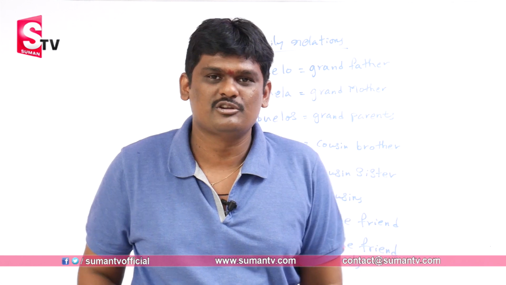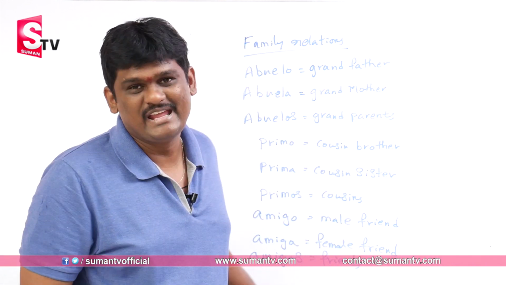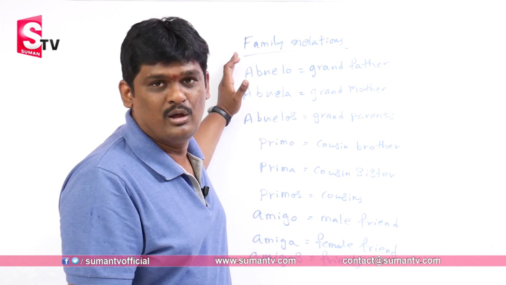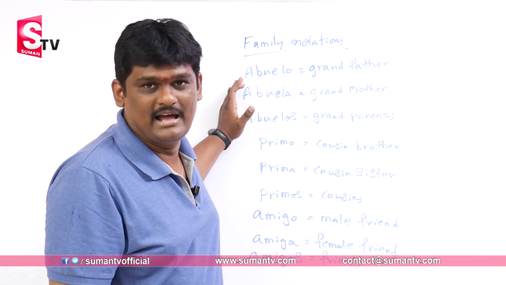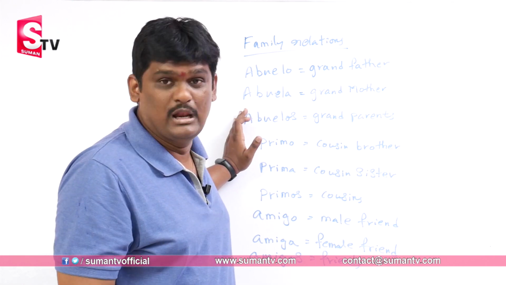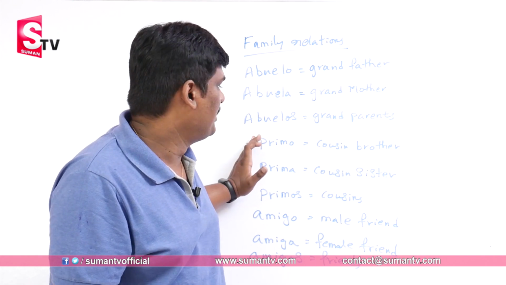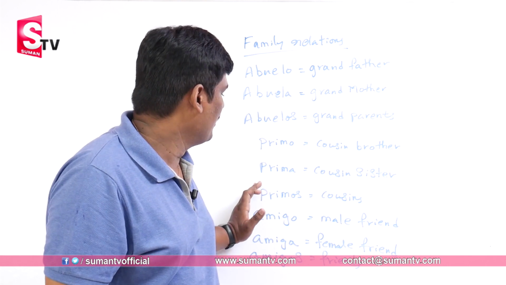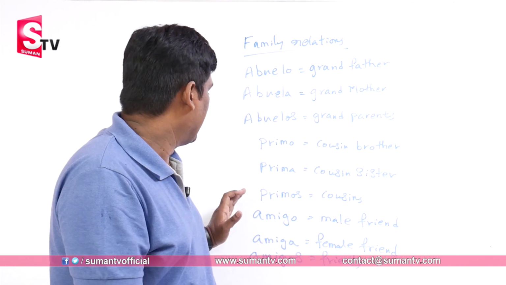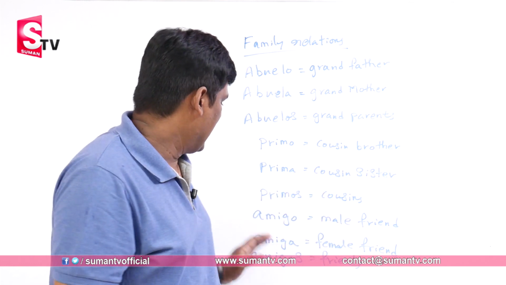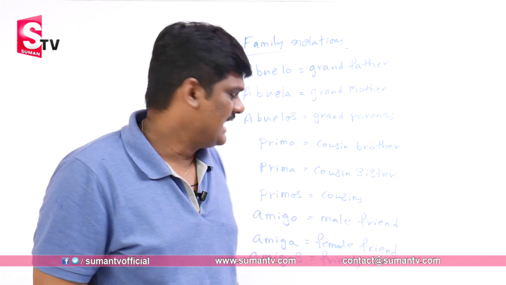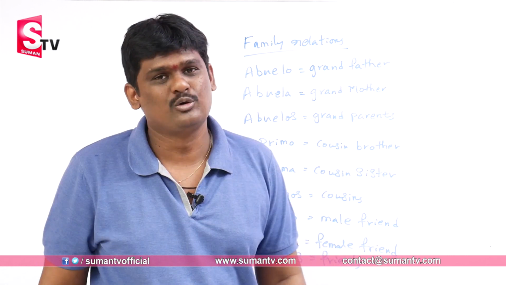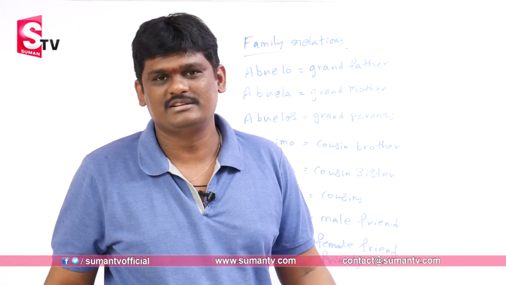It's like a combination of male and females. It's called amigos. So abuelo, grandfather, abuela, grandmother, abuelos, grandparents, primo, cousin brother, prima, cousin sister, primos, cousins, amigo, it's male friend, amiga, it's female friend, amigos means it's a group of friends, like both boys and girls.